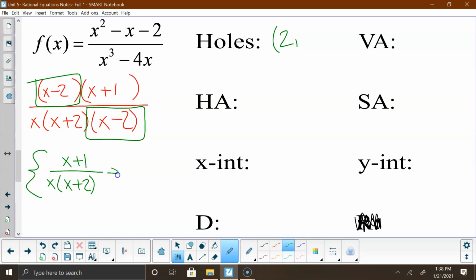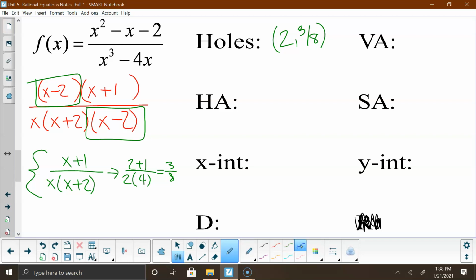So this becomes 2 plus 1, which is 3, over 2 times 4. So 3 over 8. That's the actual coordinates for where that hole was. I always just in my head said, okay, at 2, when I'm drawing my line, put a little hole in the graph. Does that make a little bit more sense that way?